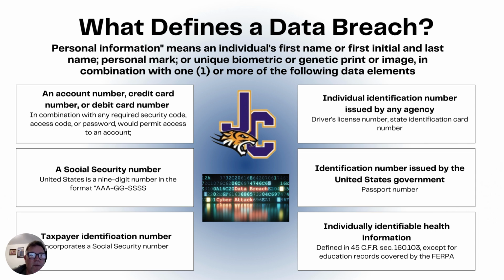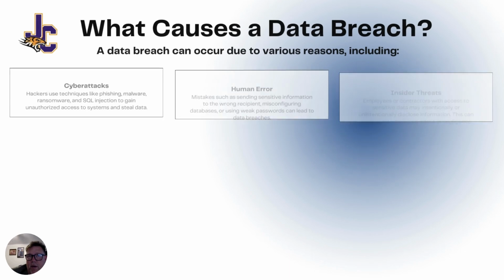You can look underneath at the little brief definitions, but an account number, a credit card or debit card number, social security number, an identification number, same thing on the top, with an agency identification number with the state, and individual health information. And you've heard in the past that there have been all kinds of leaks with those things. So any of those combinations with what's at the top.